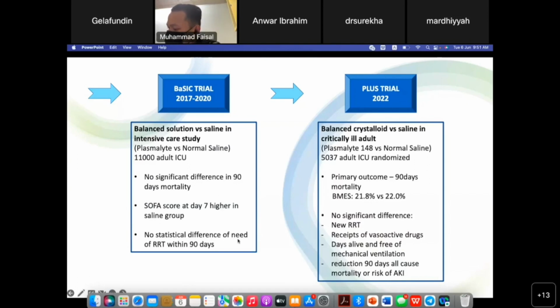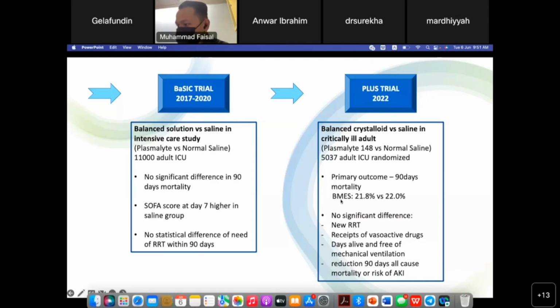And then PLUS trial, the last trial in 2022. This one basically tengok again ICU patient, Plasma-Lyte versus normal saline. So the primary outcome is tengok 90 days mortality. So basically the Plasma-Lyte or they call balanced multiple electrolyte solution lah. Basically lebih kurang sama je, no significant difference, beza 0.8% je.